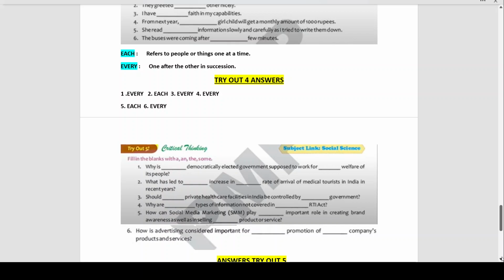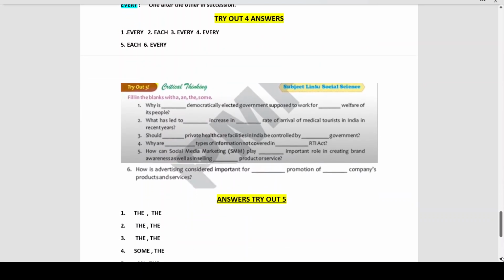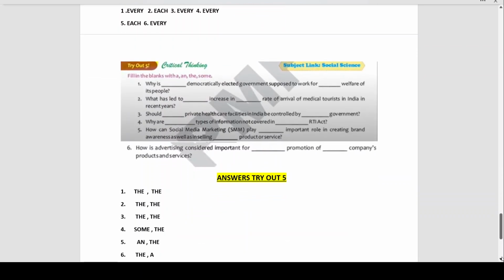Number four, why are some types of information not covered in the RTI Act? Specific RTI Act, therefore the RTI Act. Some types of information, we don't know, indefinite quantity, therefore some. Number five, how can social media marketing play an important role? Because of the vowel, therefore an important role in creating brand awareness as well as a product or service.